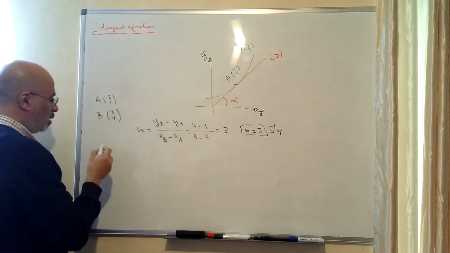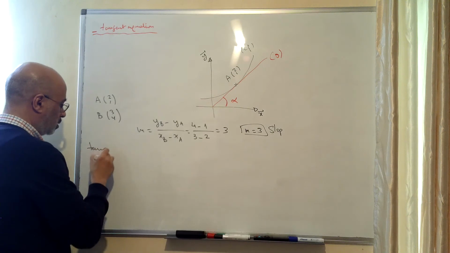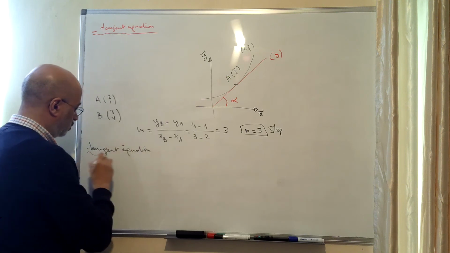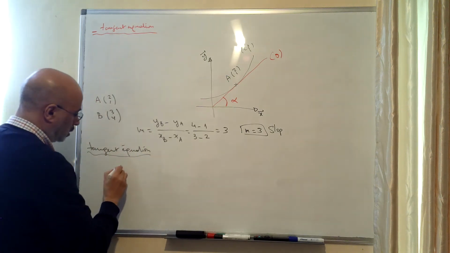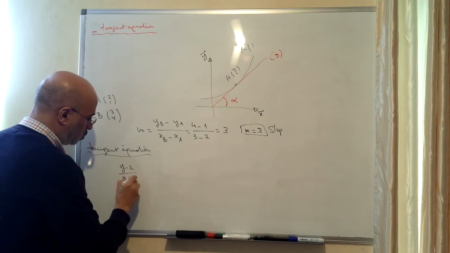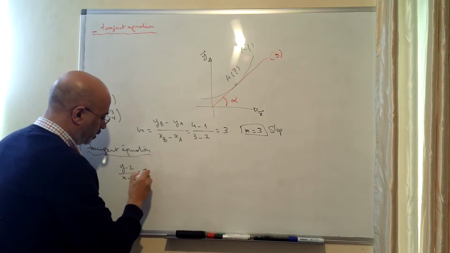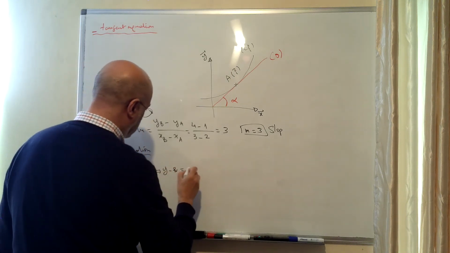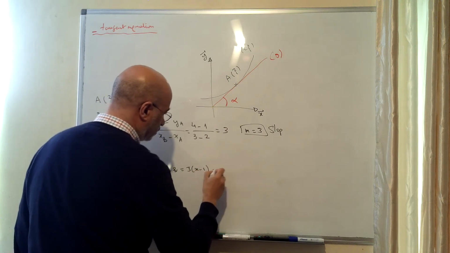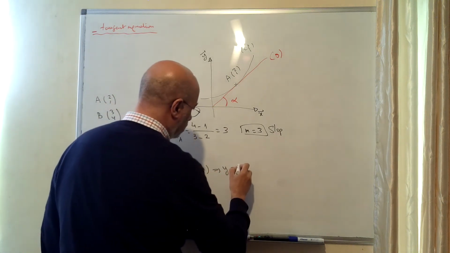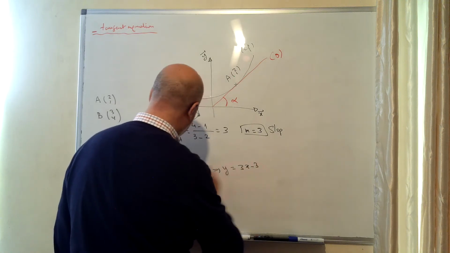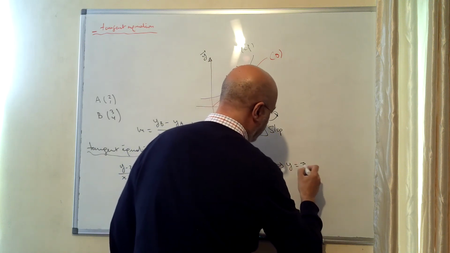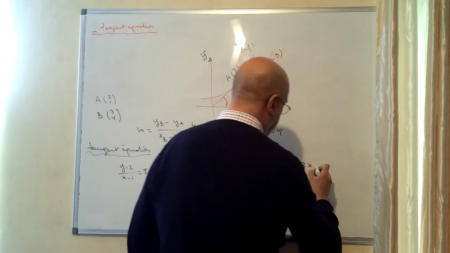Now our tangent equation: we have y minus y A over x minus x A equal to our slope. Then y minus 2 equals 3 times (x minus 1), so y equals 3x minus 3 plus 2, so y equals 3x minus 1.